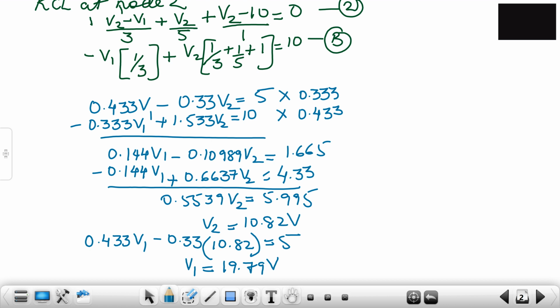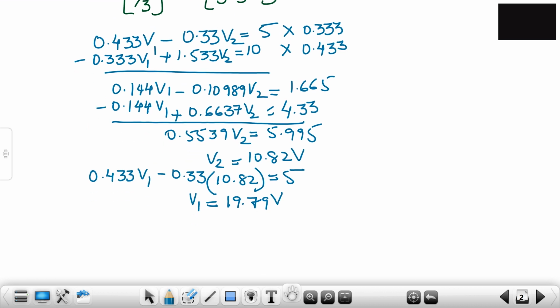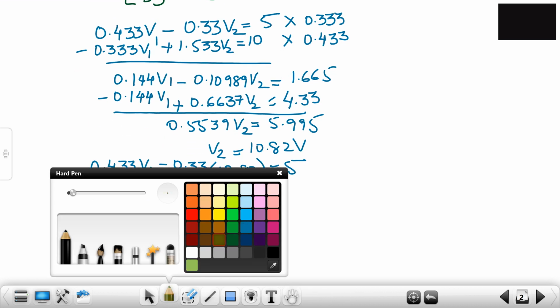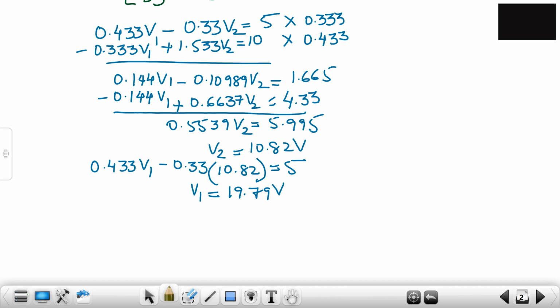They have also asked us to find out the branch currents. So let's find the branch currents. I10 is nothing but V1 upon 10, that is 19.79 upon 10, that is 1.979 amperes.